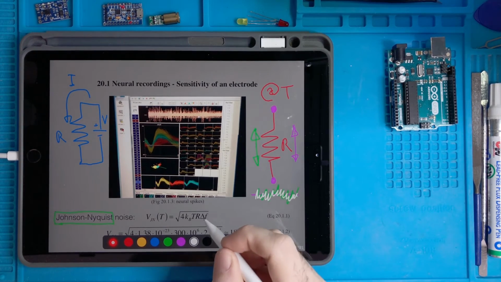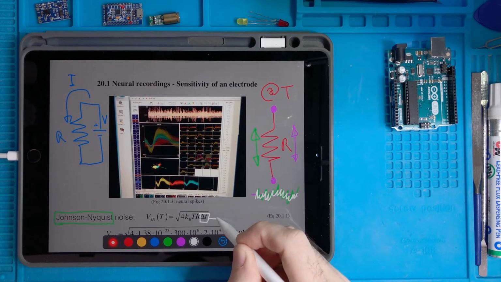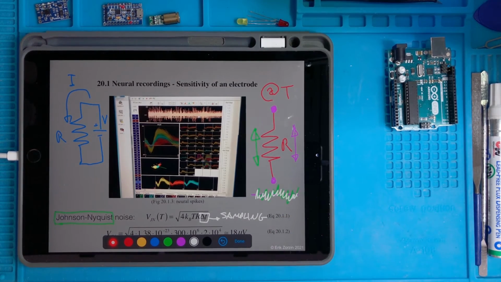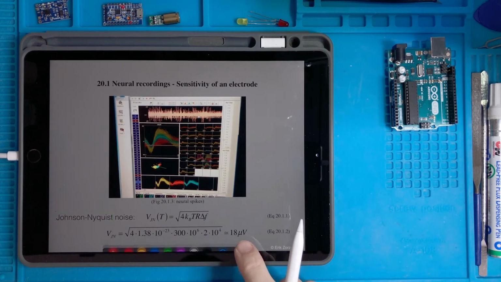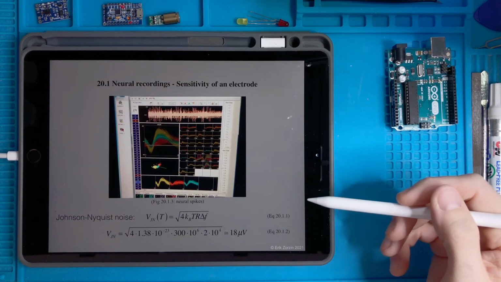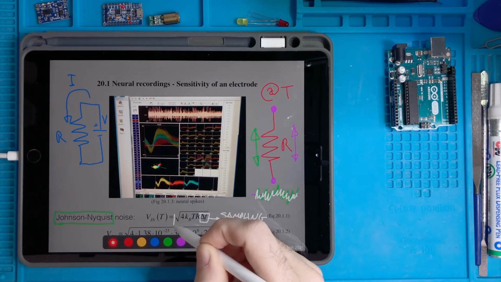This delta F is set by the sampling. We record this signal within a certain bandwidth, set by the sampling frequency and also the anti-aliasing filter. And then if we record this signal that is moving up and down with zero average, the peak of that signal is according to this.